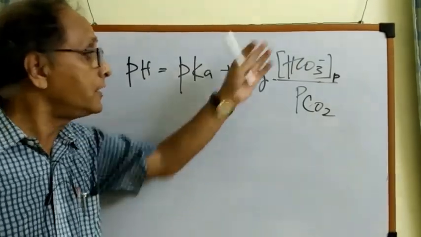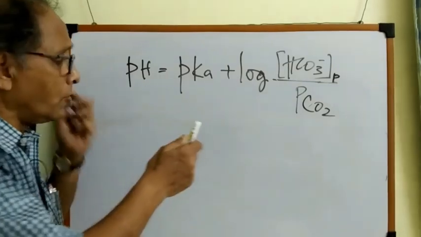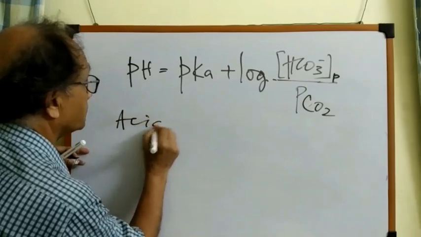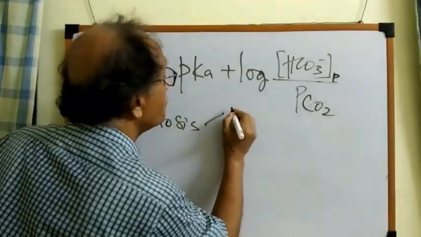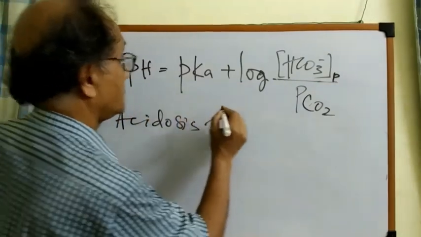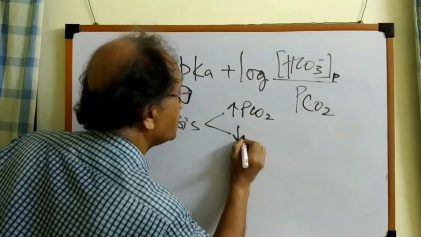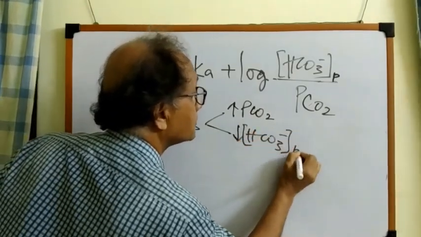Now let us see when these four situations happen. We can write like that: acidosis may be due to a rise in PCO2 or a fall in HCO3 concentration in the plasma.